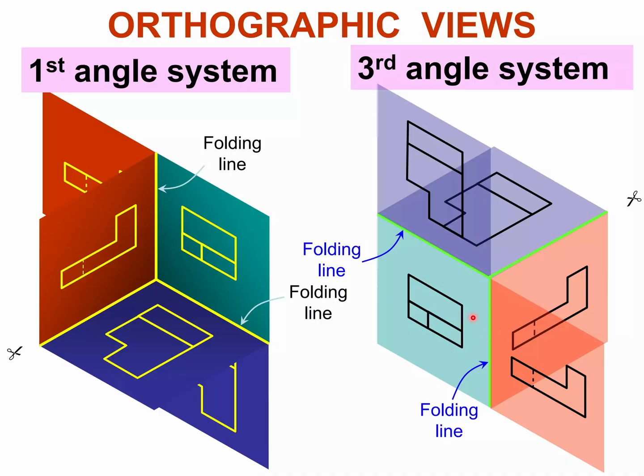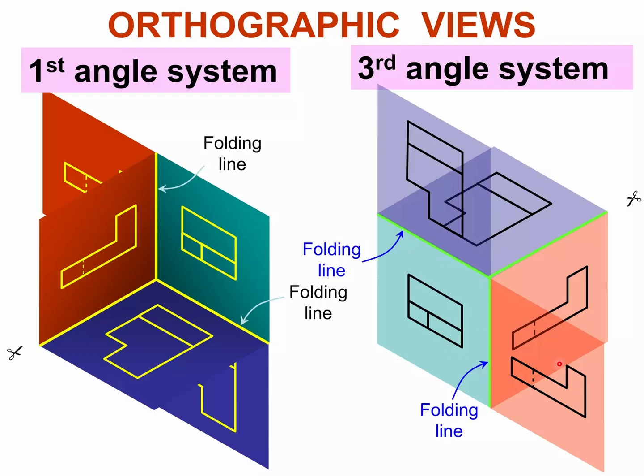If you think about it, it's like the previous view where you had the box. What we're doing is taking this and rotating it out, so now you have it in the front, and you take the top and rotate it up, and it's now on the top. That's third angle.